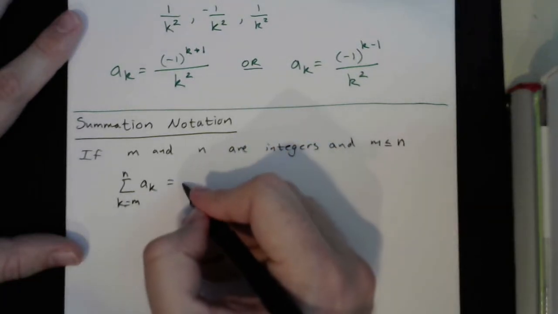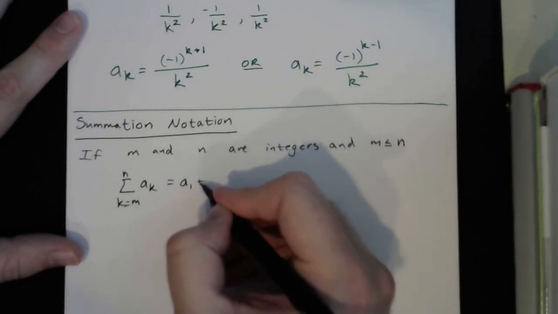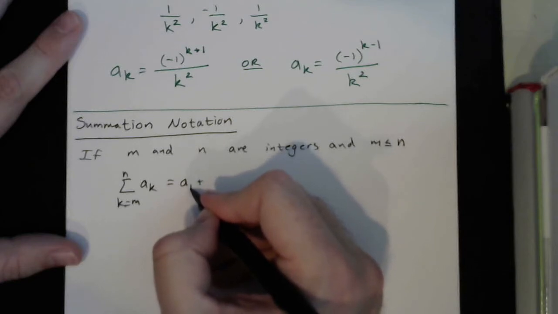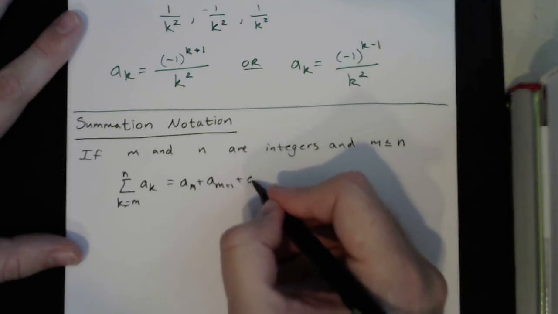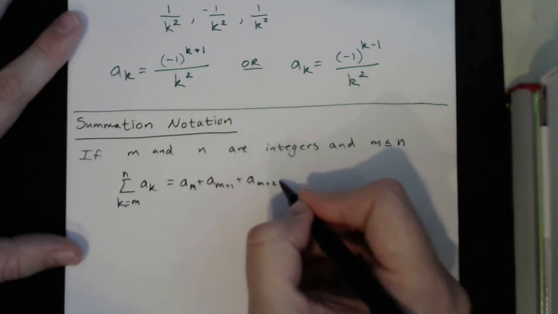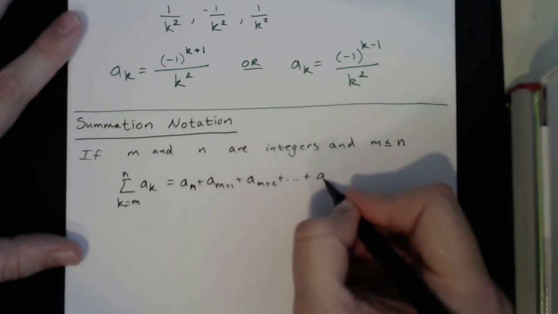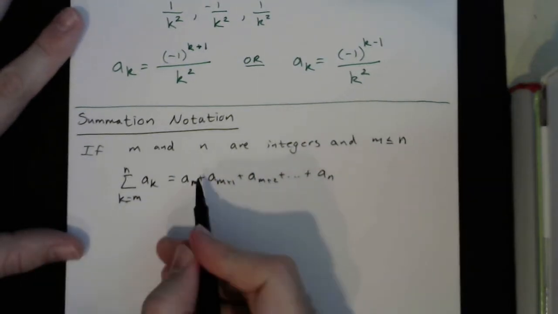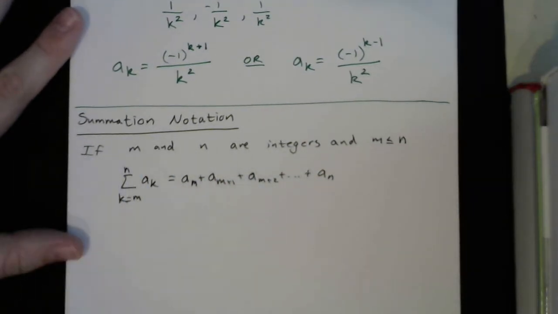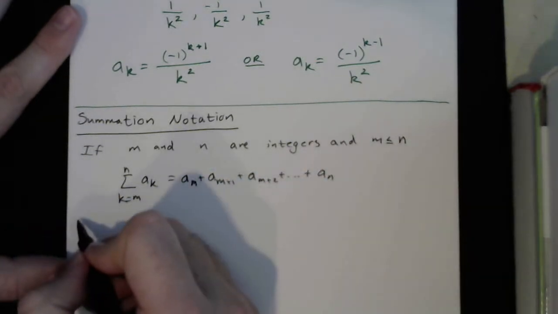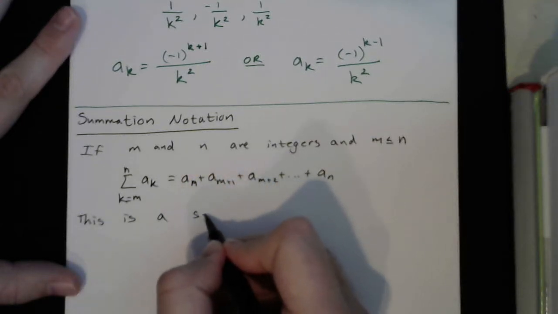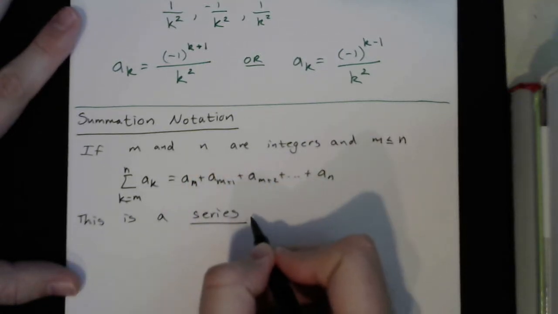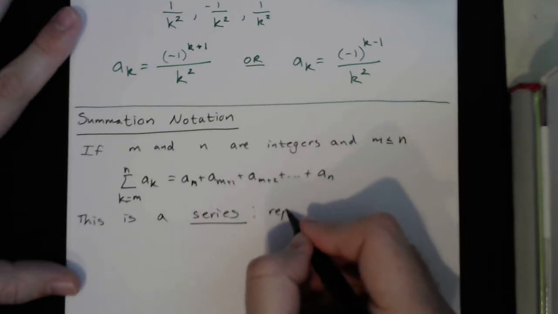This is equal to a sub m plus a sub m plus 1 plus a sub m plus 2 plus dot dot dot until we get to a sub n. It sums all of the indexed terms starting at m going up to n. And this is a series, series, of course, being repeated addition.